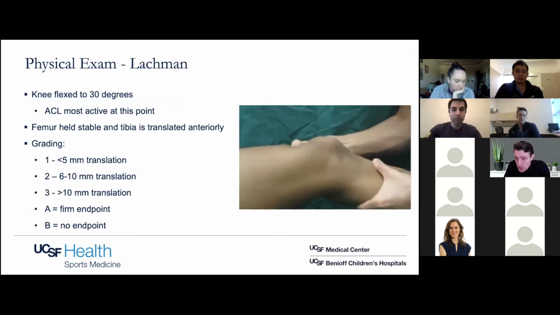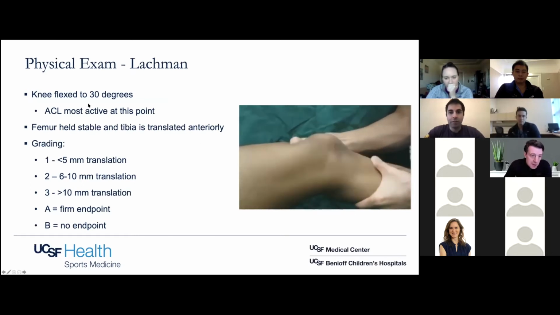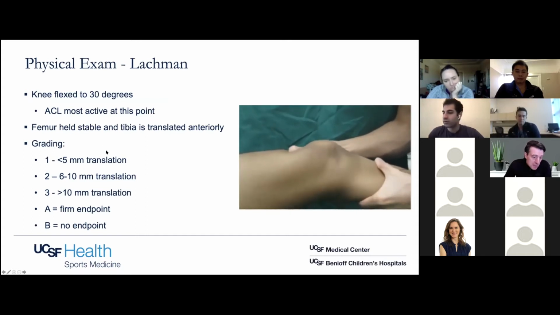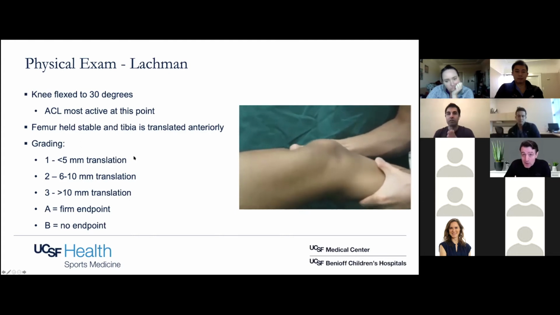I think that's something that is always asked, pretty straightforward. Remember to have the knee at 30 degrees for the Lachman, and the grading system A and B endpoints and your translation. I think it's actually kind of hard to get a good sense of what's 5 millimeters versus 6 millimeters. But nonetheless, that's the system that's out there.